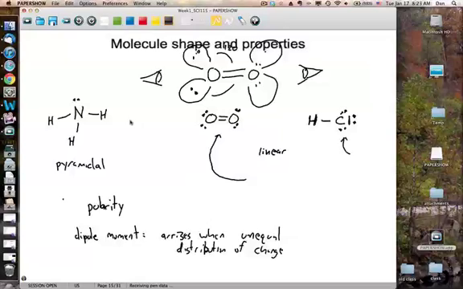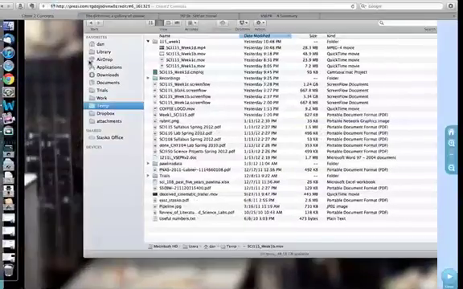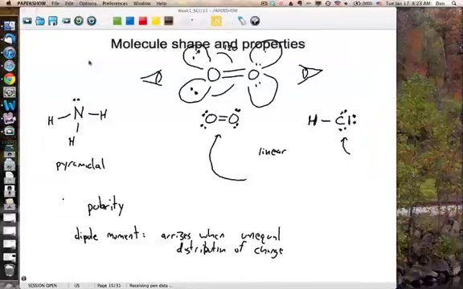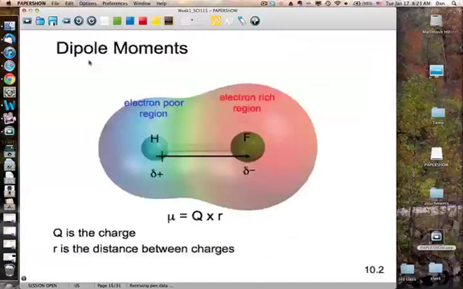Anytime you have two atoms that aren't the same electronegativity, they don't share the electrons equally. And so chlorine is slightly more electronegative than the proton, and it draws the electrons and shares those electrons unequally. And so you end up with a charge buildup on the halogen, in this case HF, and a loss of charge on the proton.